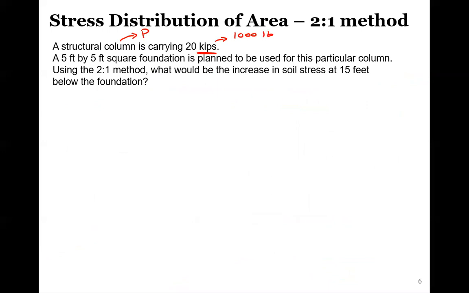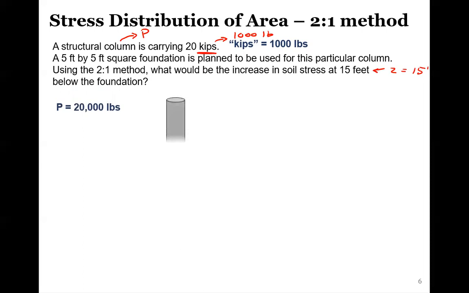That column load is going to be distributed across a 5 foot by 5 foot footing, and we're using the 2-to-1 method. What would be the increase of stress at 15 feet below the foundation? So this is at Z, where Z equals 15 feet. Again, kips is 1,000 pounds, so 20,000 pounds is that P.